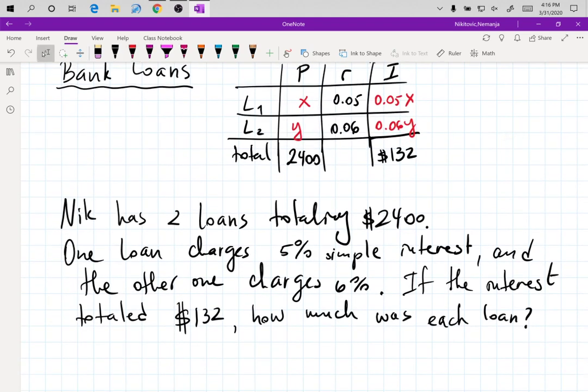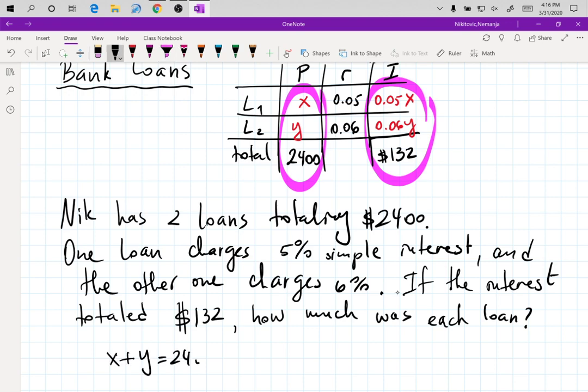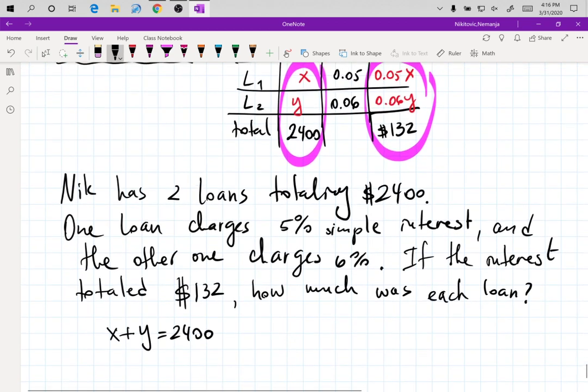Where are my equations? My equations are in these columns. You add the money, so X plus Y is 2400. And 0.05 X plus 0.06 Y is 132.